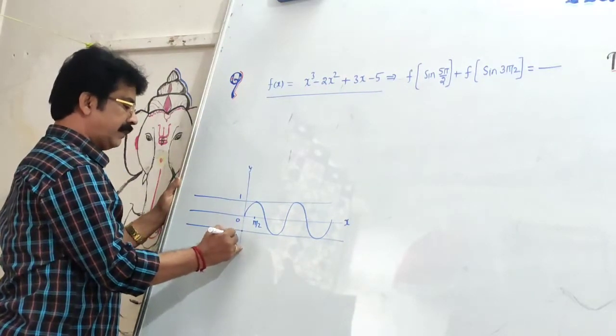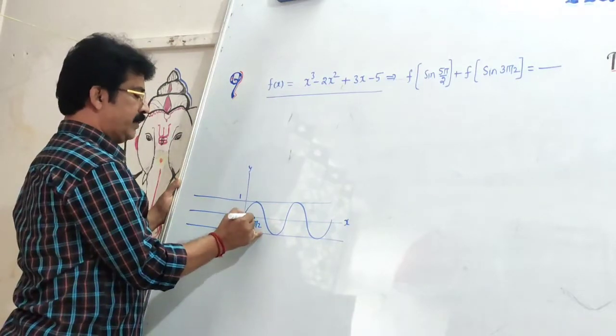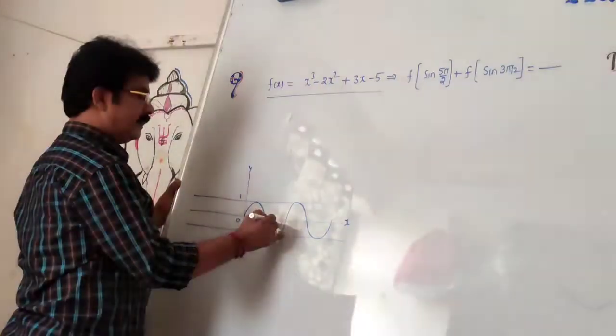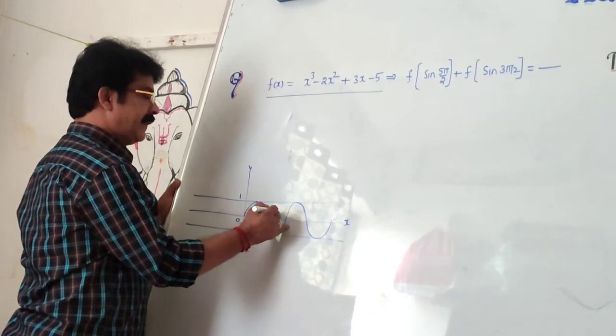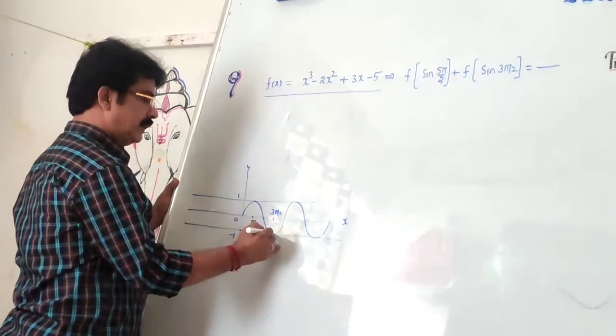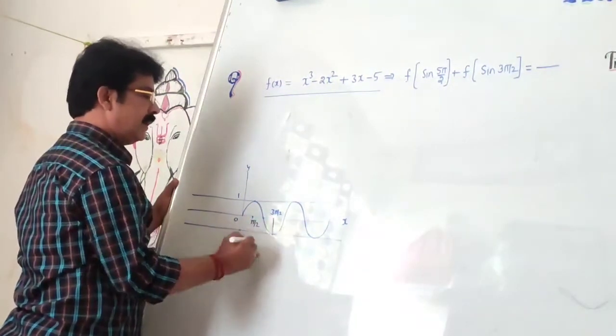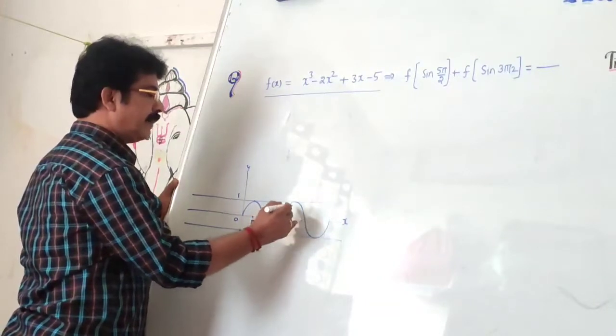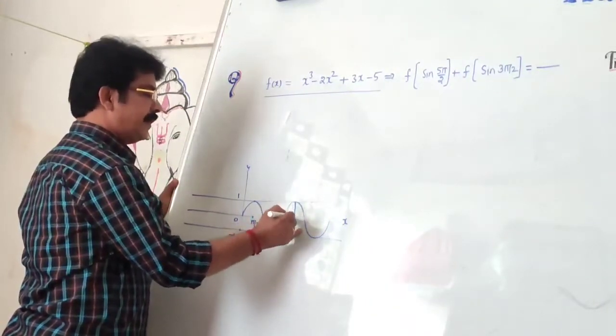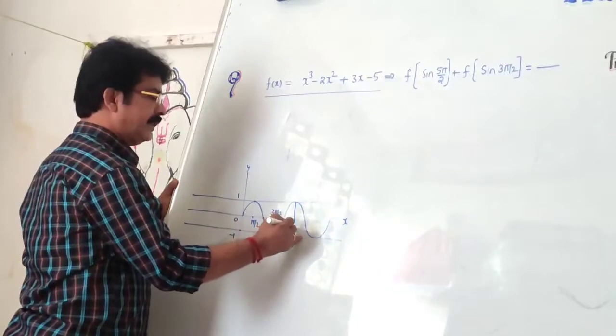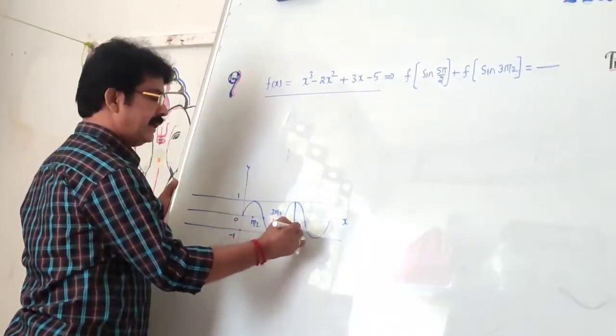Of course it is minus 1, the minimum value. Pi by 2, then 2 pi by 2. This one is 3 pi by 2, this is minus 1. Next 3 pi by 2, 4 pi by 2, next 5 pi by 2.